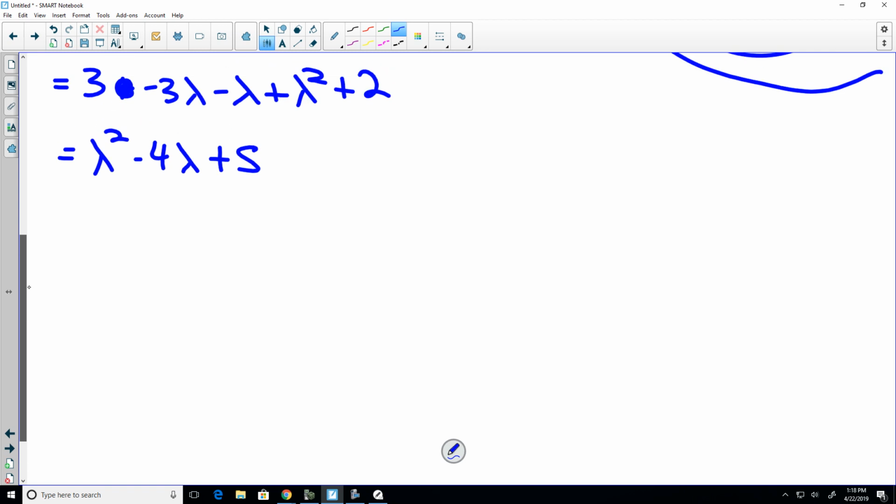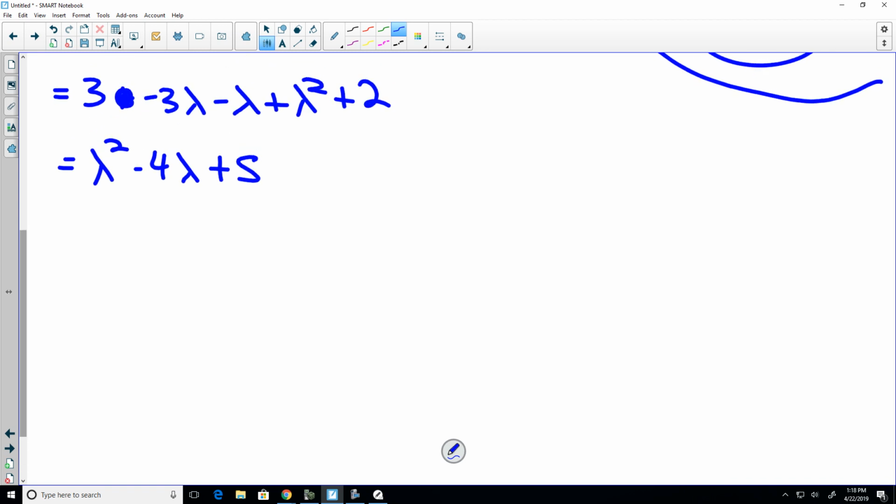So does that thing factor? Does it factor nicely? They all factor, but does it factor nicely? Can you multiply two numbers to get +5 and you add them to get -4?